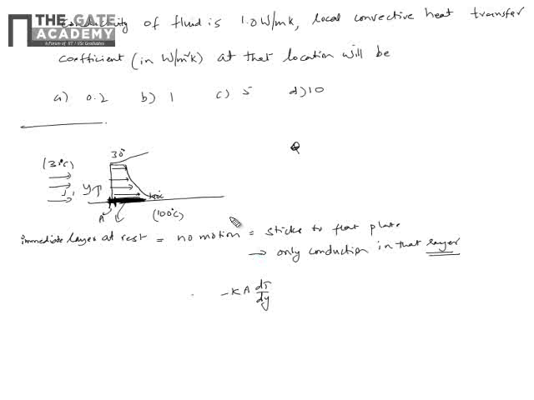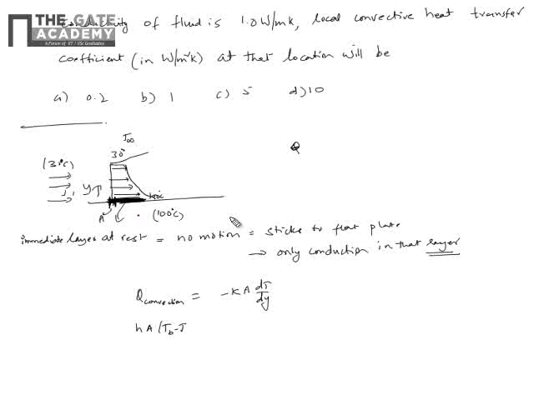And how much is the heat that is transferred? It is the heat that is convected, and the heat that is convected is hA delta T, where delta T is the base temperature of the plate minus the far field.